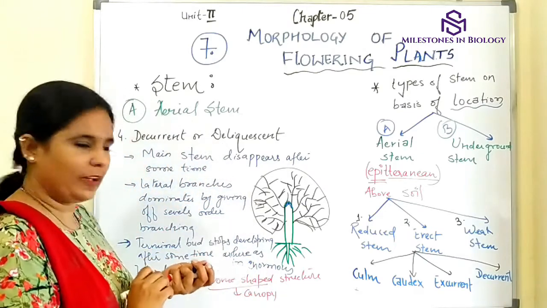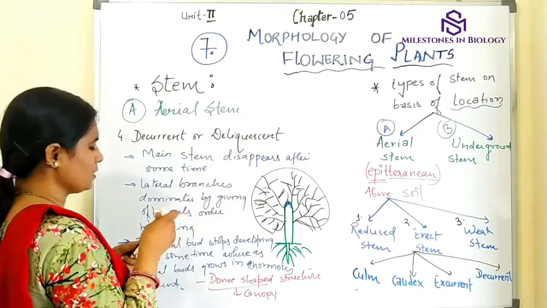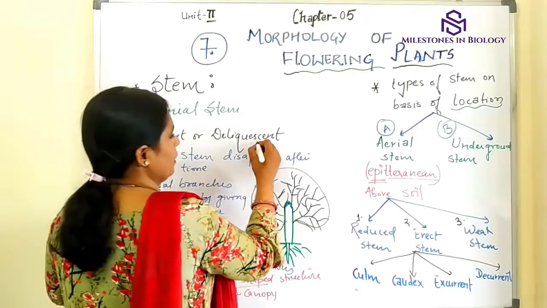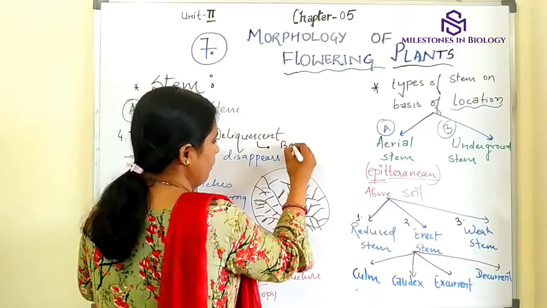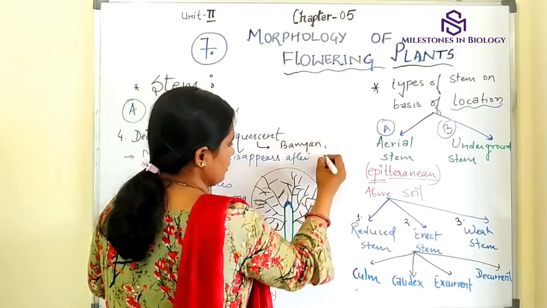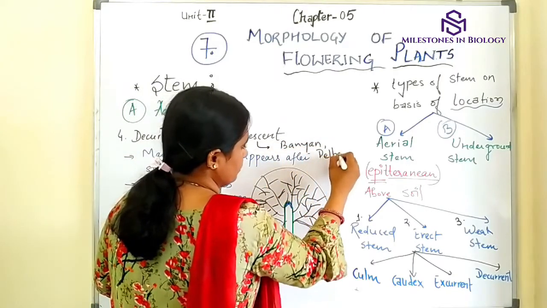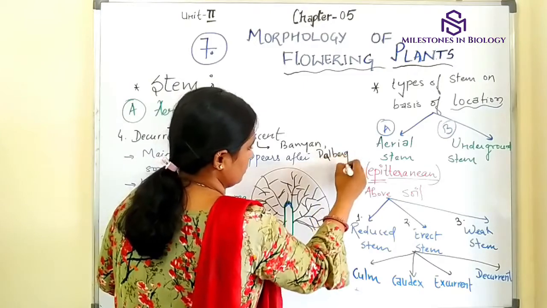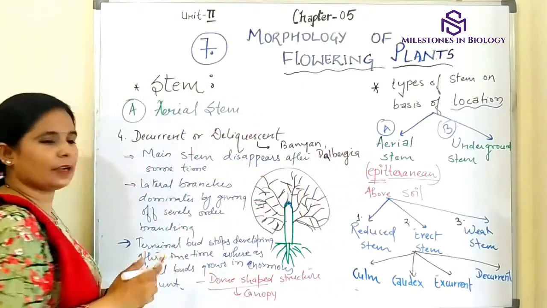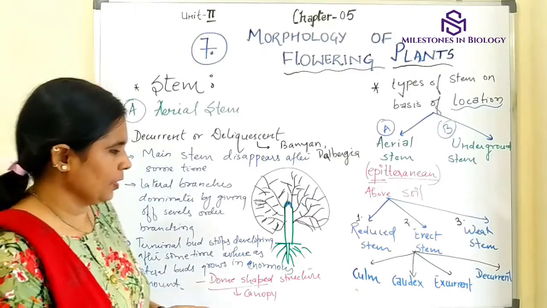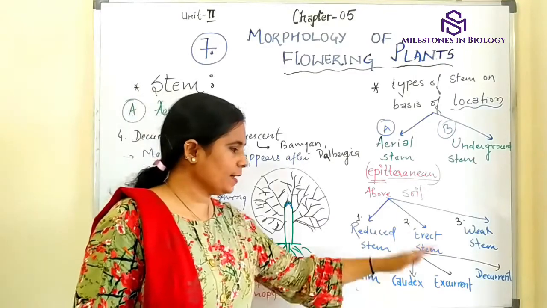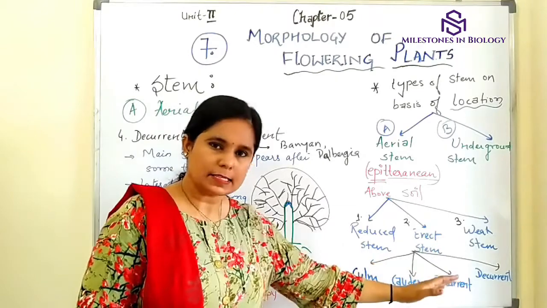Example, you know it very well: you will see such a stem in the banyan tree, Dalbergia. So these are the four different types of erect stem: the culm, the caudex, the excurrent and the decurrent.